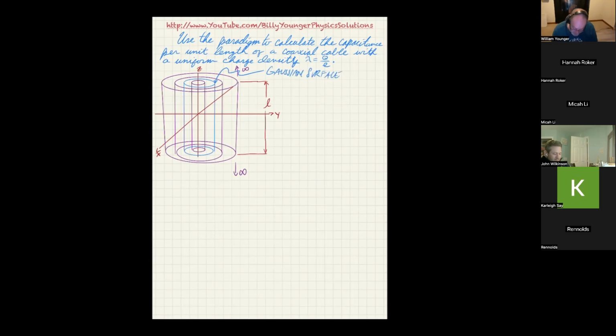And the reason I chose that is because I understand that the electric field should point radially outward from the z-axis. I'm going to call this radius R. This radius right here, the little itty bitty radius, I'm going to call RB.